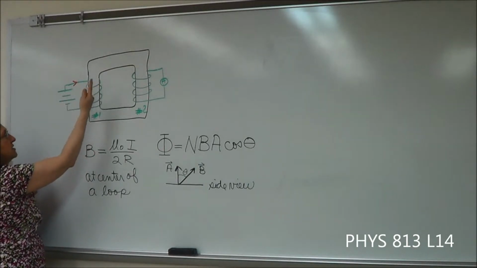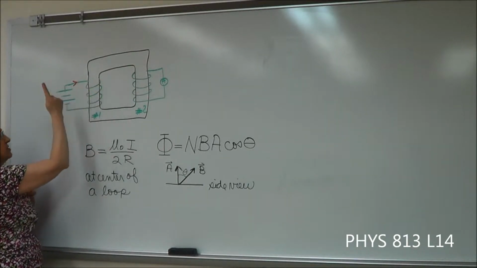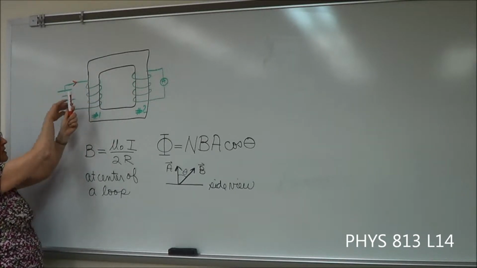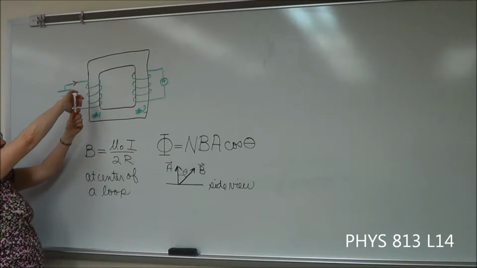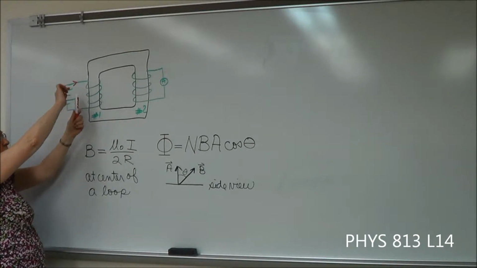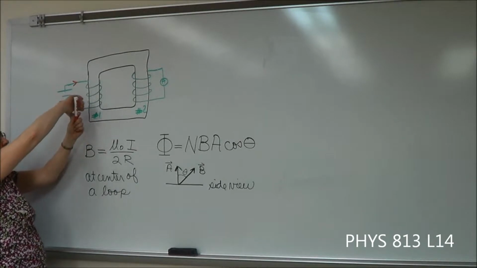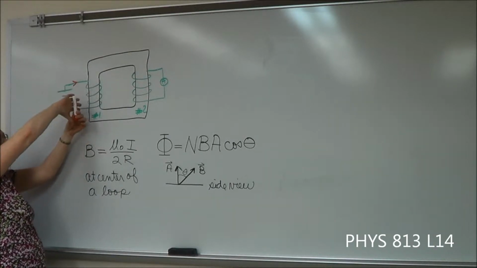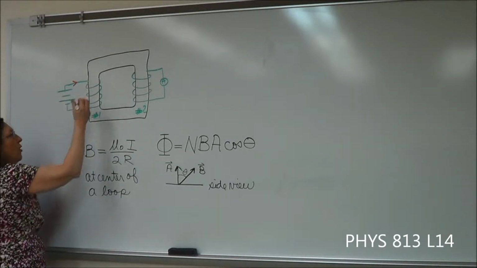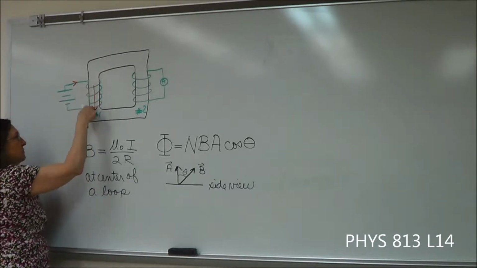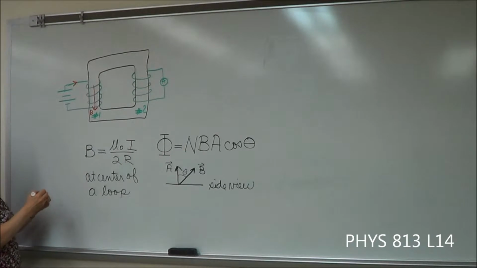So the current is going around this direction. It's like behind here and in front and back behind. So if I make my fingers do the same thing that this current is doing, my fingers will go like this. My thumb points down, so the direction of the magnetic field is from top to bottom here.